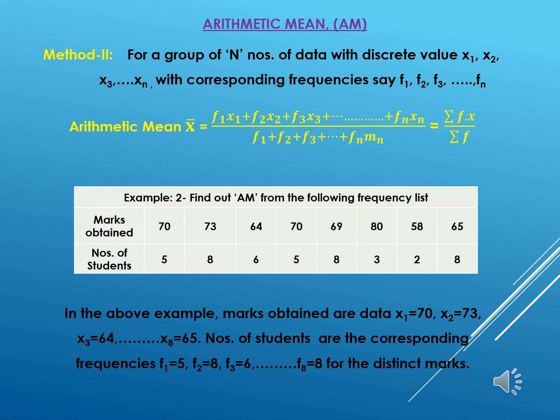So here in this example, the data are x1 is 70, x2 is 73, x3 is 64, and x8 is 65, and the frequencies are 5, 8, 6, 5, 8, 3, 2, 8. So let's see how we solve the problem.